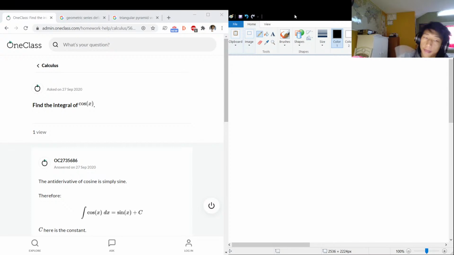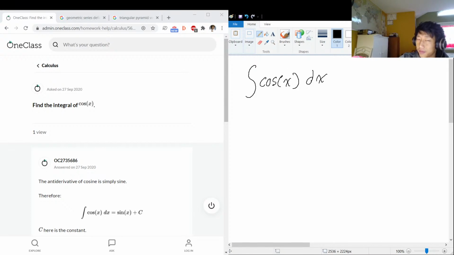Okay, so our next question on the menu is find the integral of cos x. The integral of cos x with respect to x, of course. Let's think about this. An integral is really just like find something whose derivative is what we're looking for the integral of. So we're basically saying what's the something whose derivative is cos of x.